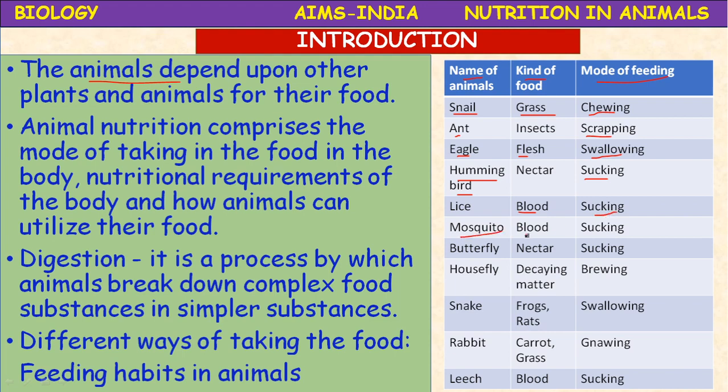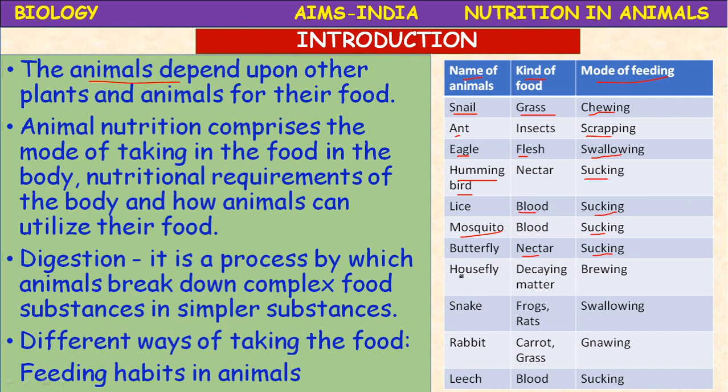Mosquitoes. Male mosquitoes feed on the sap of plants. The female mosquitoes feed on vertebrate blood. The mode of feeding is sucking. Butterfly possesses a proboscis. It feeds on nectar, and the mode of feeding is sucking.